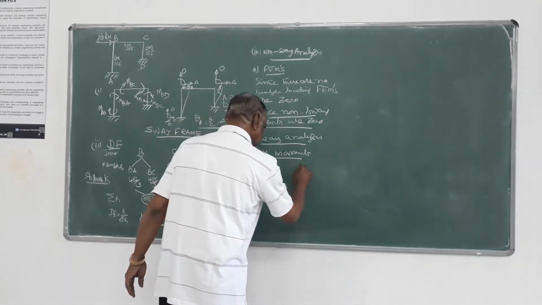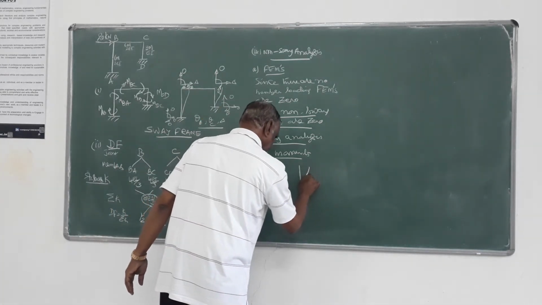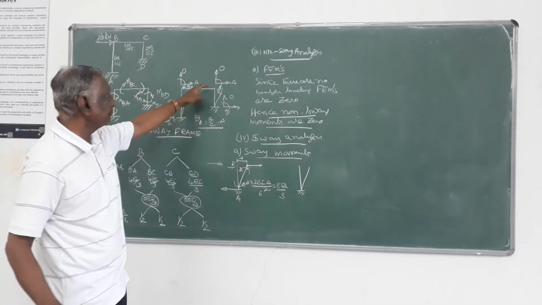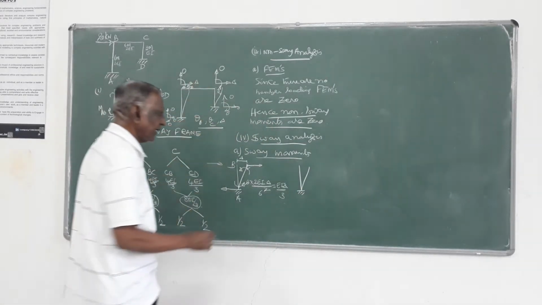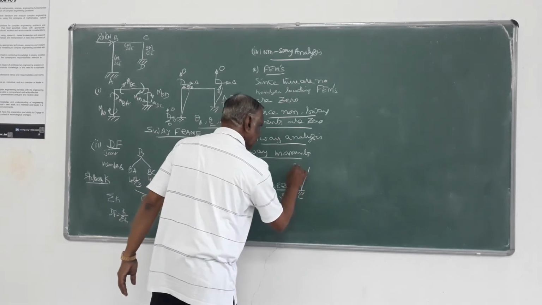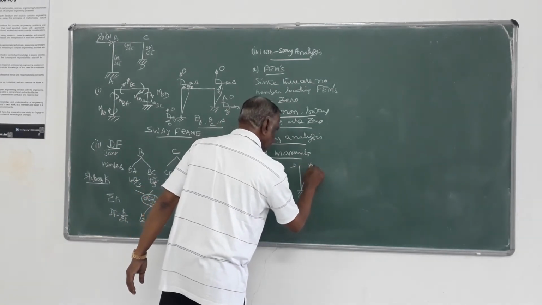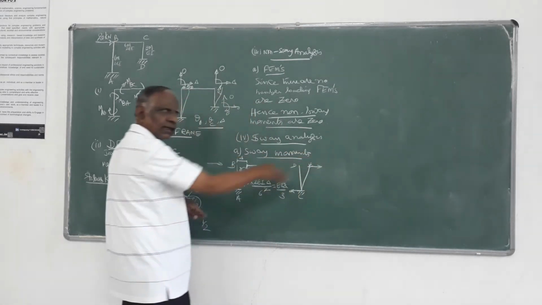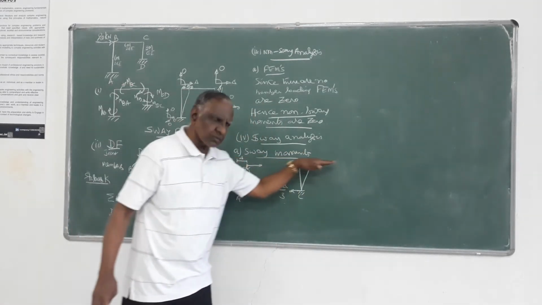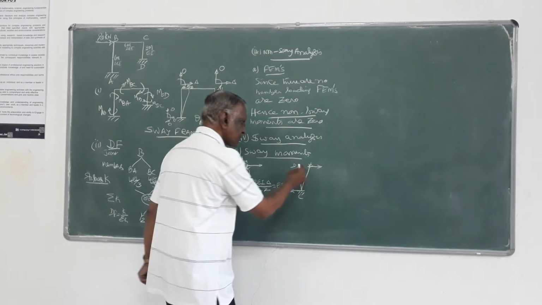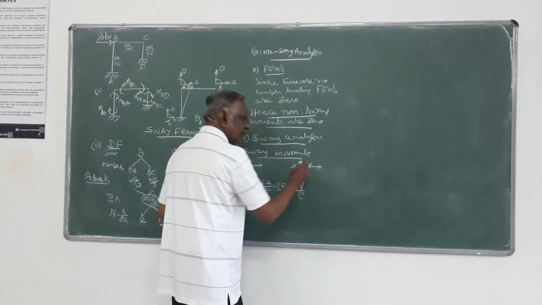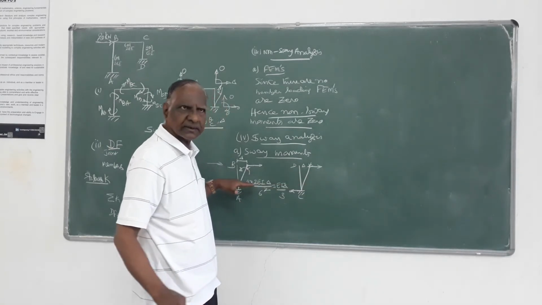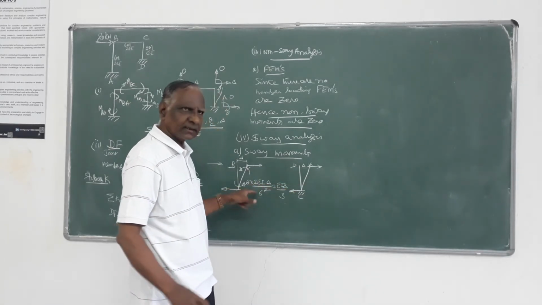Same thing with the other member which is undergoing sway, that is CD. This also undergoes sway, so you have to fix it. There will be forces acting like this. A force has to be here to cause this particular sway. Since the force is like this, to keep this in equilibrium, there must be an equal and opposite force here like this.